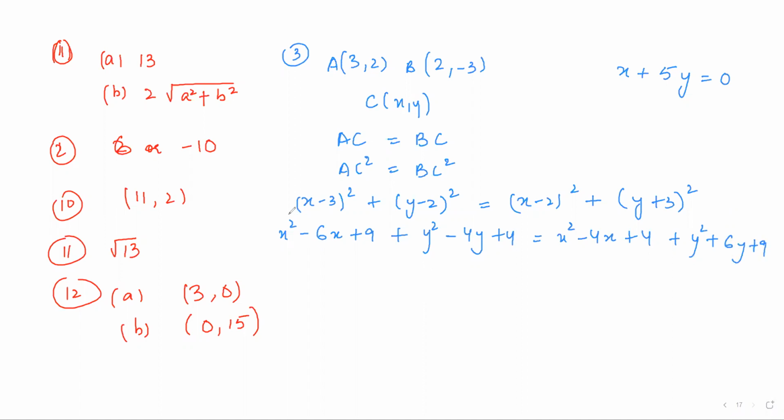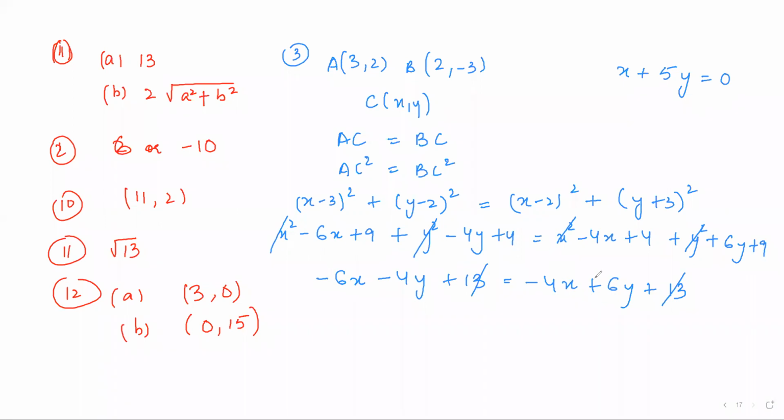So x square on both sides gets cancelled out, similarly y square. Here you have minus of 6x and minus of 4y, and 9 plus 4 is 13. Now here you have minus of 4x plus 6y, again 9 plus 4 is 13, so 13 cancels out.